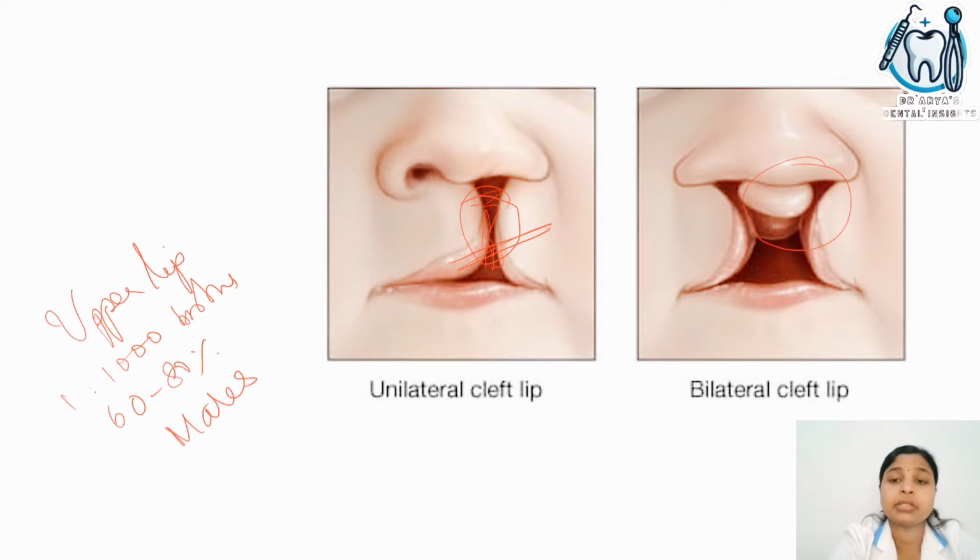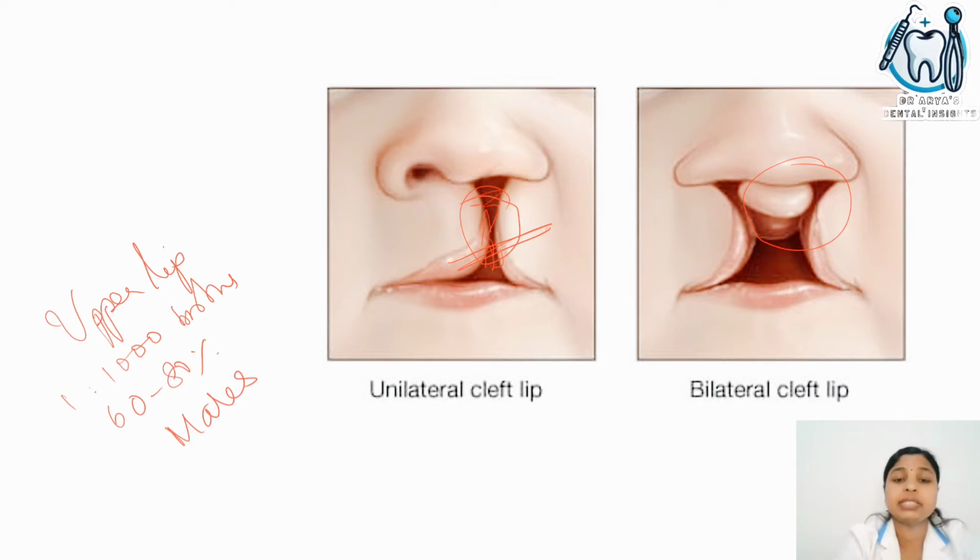And central cleft lip or hair lip occurs due to failure of development of the philtrum of the upper lip from the frontonasal process. That is for the central cleft.